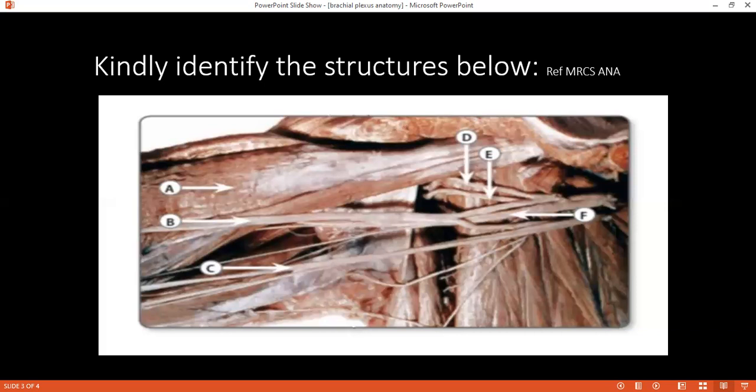The hand will be flexed, so there will be paralysis of the extensors. Sensory, there will be loss of sensation over the badge area, the lower part of the deltoid area.